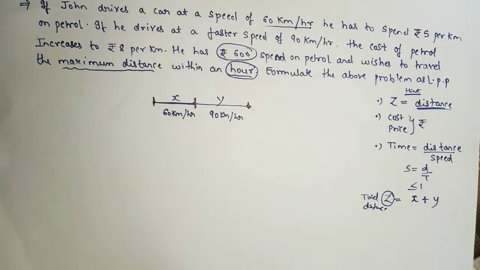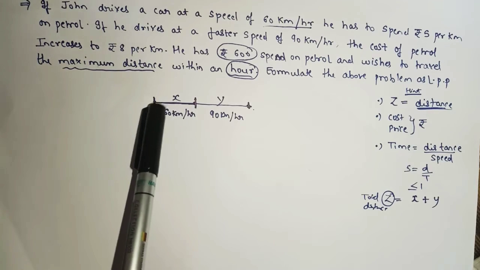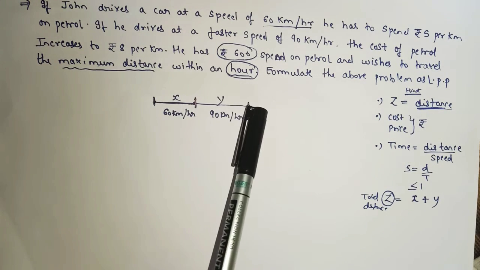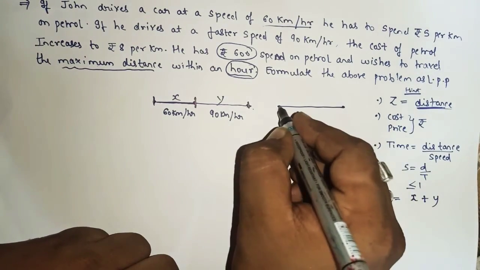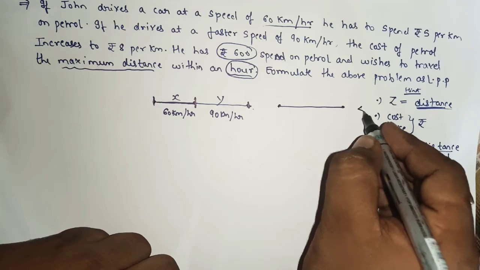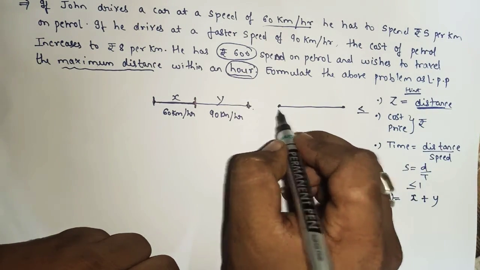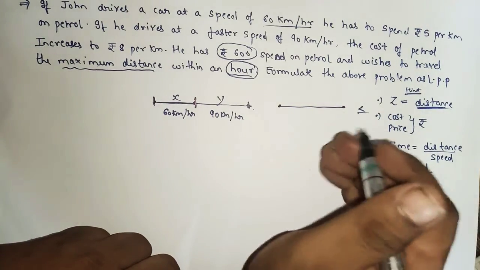Okay, so once again I will explain the sum. As he started his journey from place to place, he has to travel maximum distance within an hour, that means less than equal to. So exactly we don't know the maximum distance, how much he has to cover.